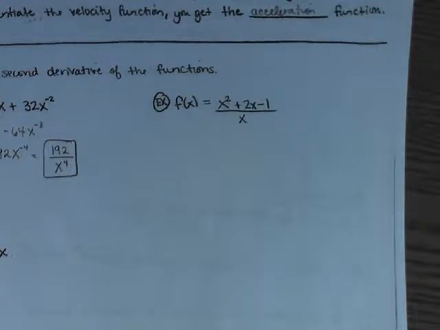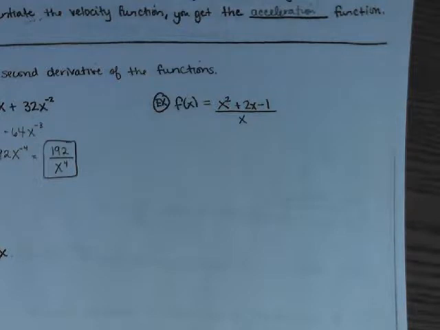Next example, what's our instinct? What would you do with this first? What's the easiest way to find the first derivative? Okay, so I heard factor the top, although I don't think the top is factorable. James, what did you say?